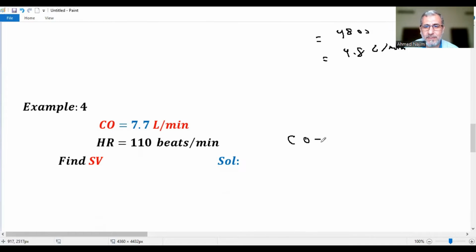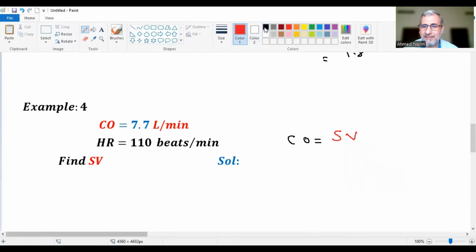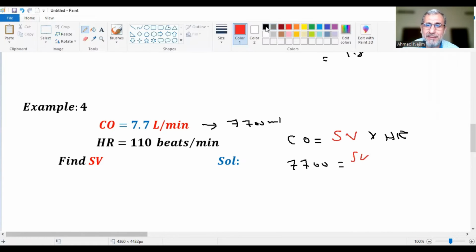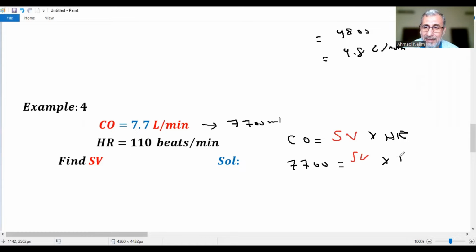Cardiac output is given as 7.7 liters per minute, which means 7,700 ml per minute. So 7,700 ml per minute equals unknown stroke volume multiplied by the given heart rate of 110.